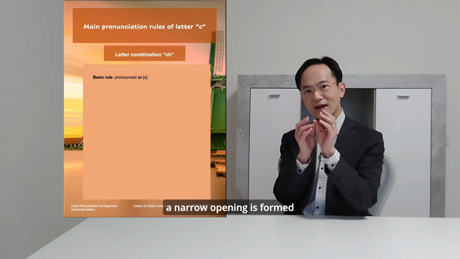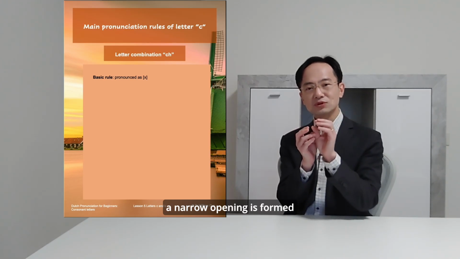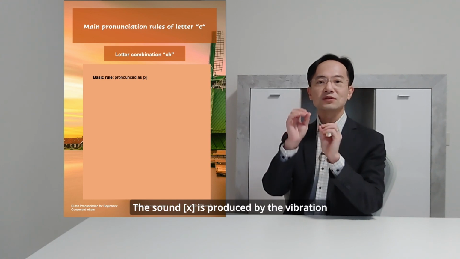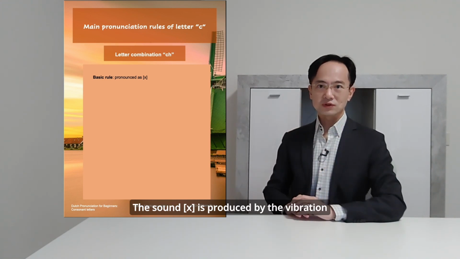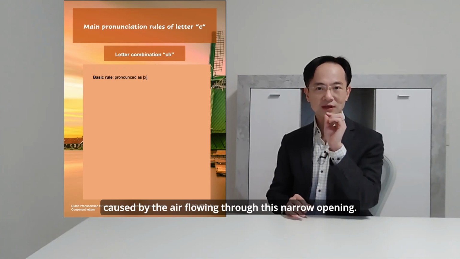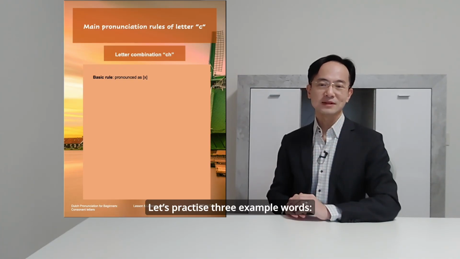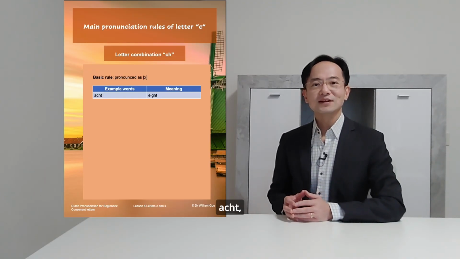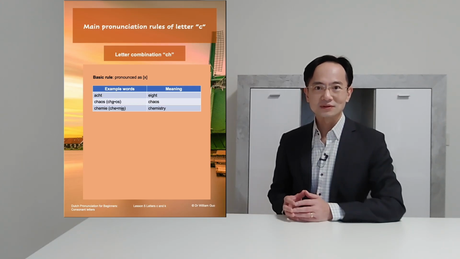In this way, a narrow opening is formed between the rear of the tongue and the soft palate. The sound H is produced by the vibration caused by the air flowing through this narrow opening. Let's practice 3 example words. Acht, chaos, chemie.